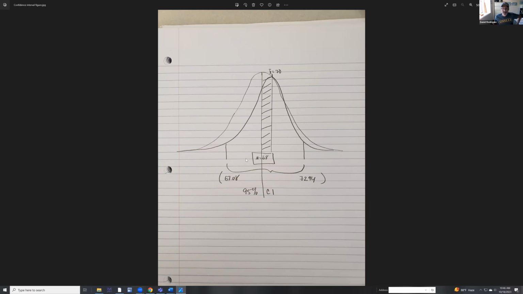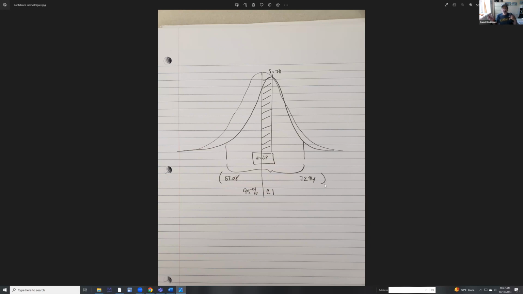For it to be different, we'd have to be far away from that population mean, and that population mean could not be found within this 95% confidence interval. That would tell us that, say, like the population mean was out here, it would have less than a 5% chance of occurring, right? If this is our new population, right?